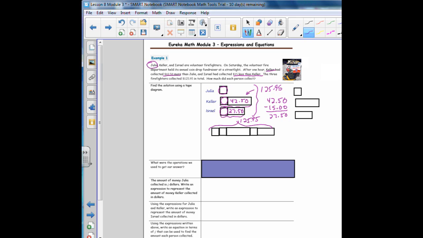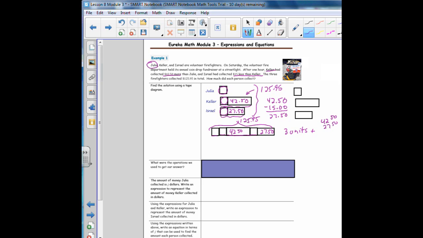Then what we want to do is, representing here, we have 1, 2, 3 units, and we have $42.50, and we also have $27.50. So we have 3 units plus $42.50 plus $27.50.